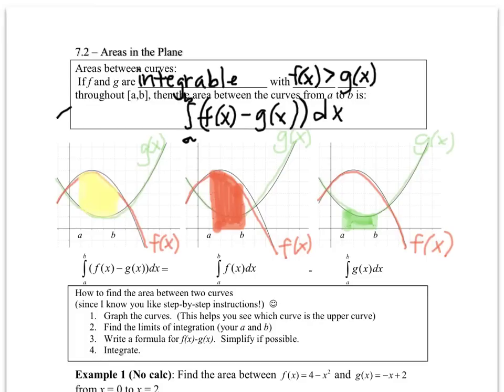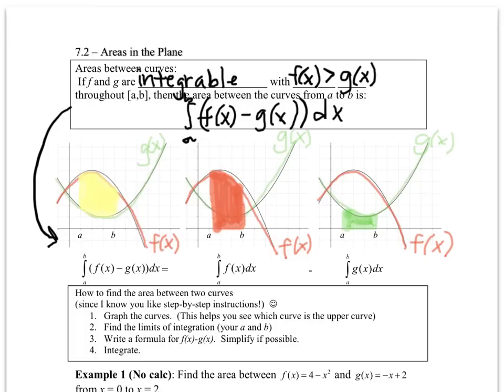And that's what we showed right here: the definite integral from a to b of f of x minus g of x dx. I know it sounds like a different language, doesn't it? So this little region is found by doing this chunk minus that little chunk. And that's what this is all about.